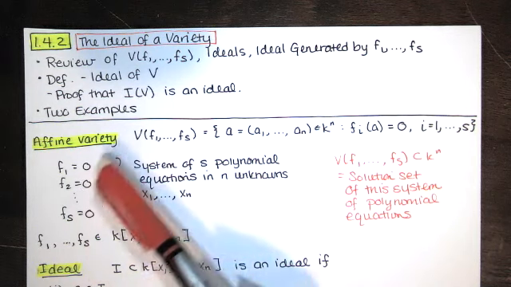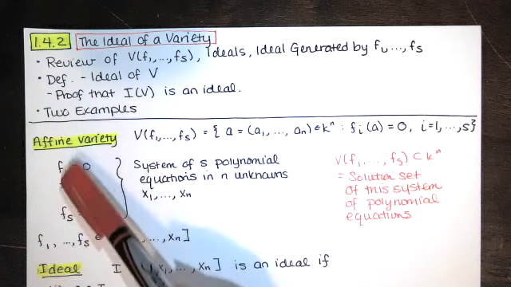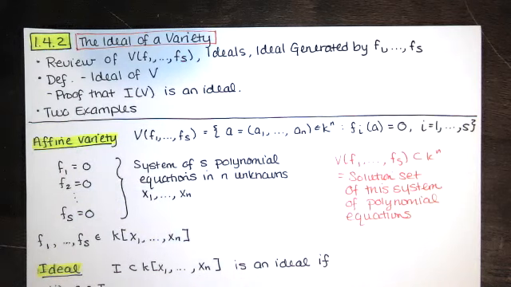Or in other words, if I take f sub 1 and set it equal to 0, f sub 2 equal to 0, and all the way down through f sub s and set that equal to 0, I've got a system of s polynomial equations in n unknowns. And those n unknowns are x sub 1 through x sub n when our polynomials are in this polynomial ring with coefficients in the field k in the variables x sub 1 through x sub n.